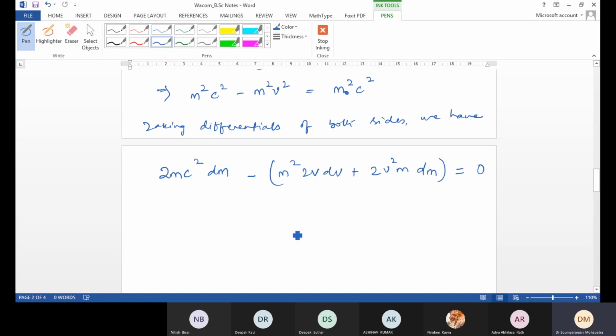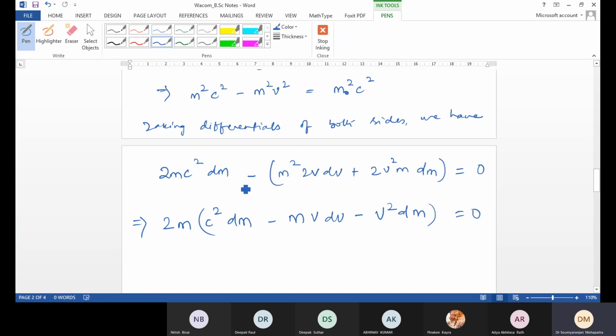Are you following? So this implies 2m, c square dm, if I put a bracket here, minus mv dv minus v square dm equals 0.